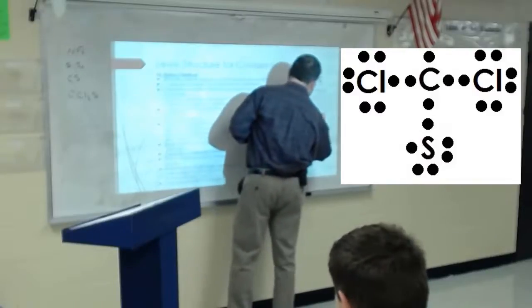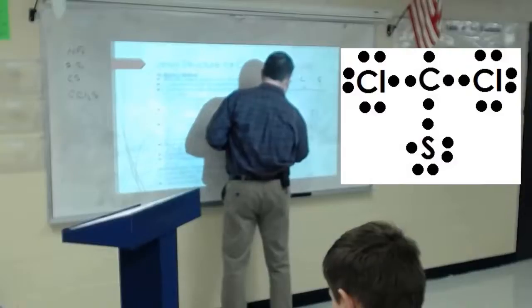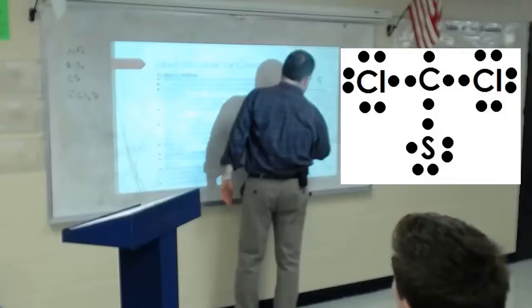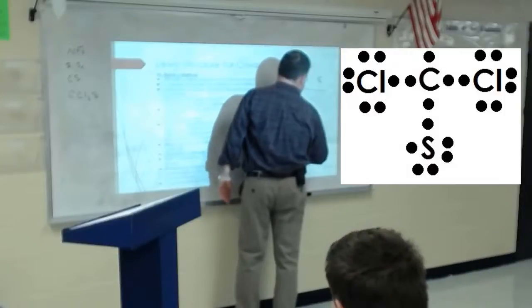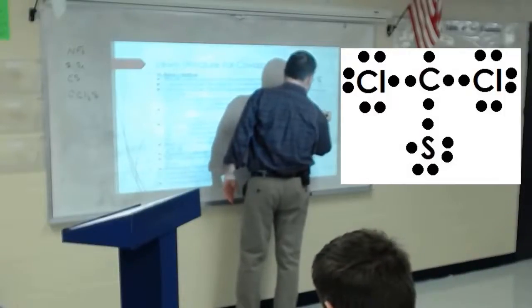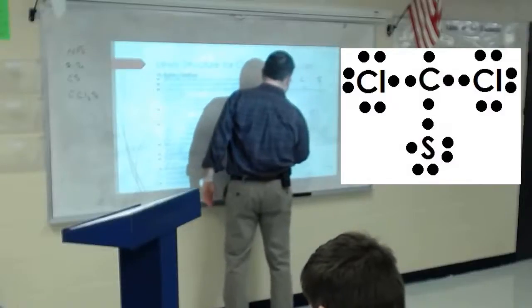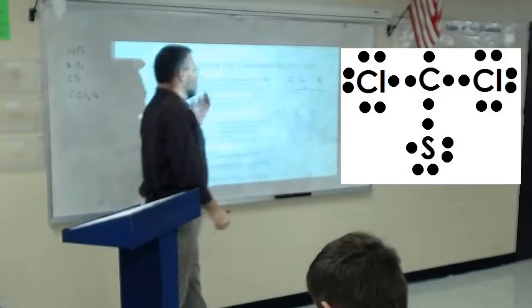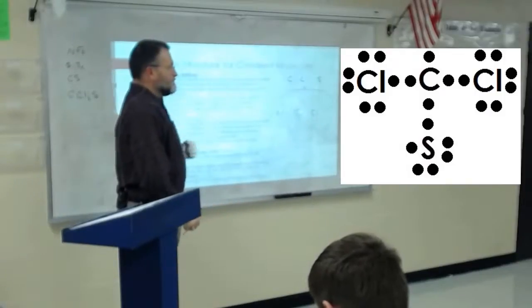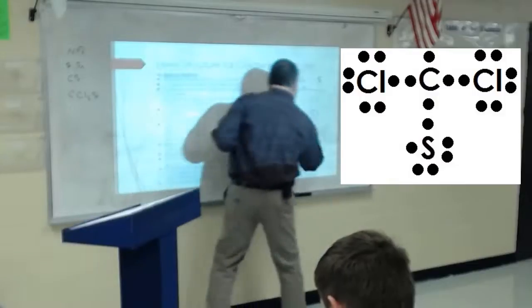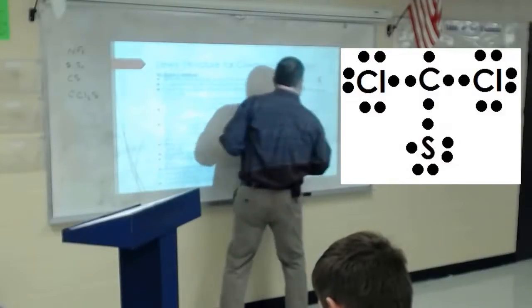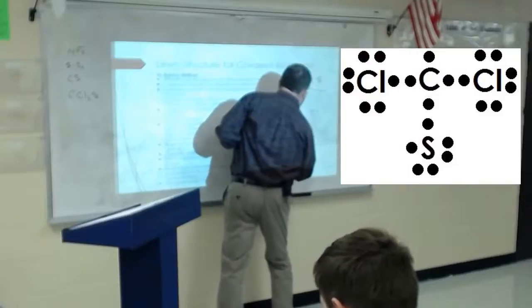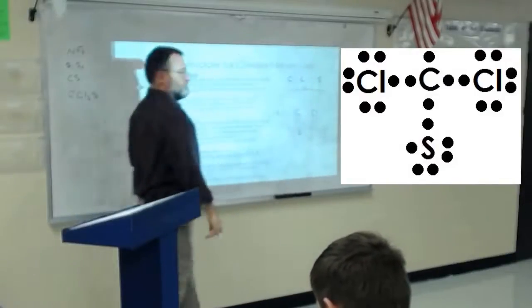I always try to use symmetry, so I'm going to put the 2 chlorines across from each other, with an unpaired electron facing the center. So there's my 2 chlorines, my center carbon, and now we need to place a sulfur. I'm going to draw the sulfur here and put my 1 unbonded electron towards the center, and place my other 5 like that.